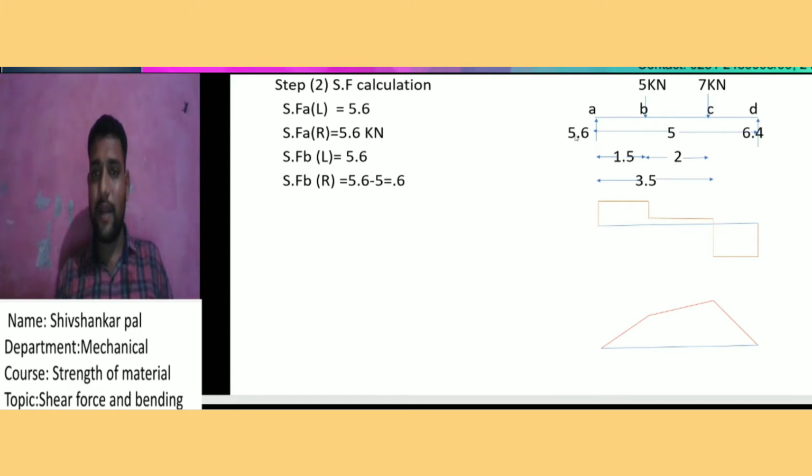That is our actual loading diagram. The left hand side support is 5.6 and the right hand side support is 6.4.